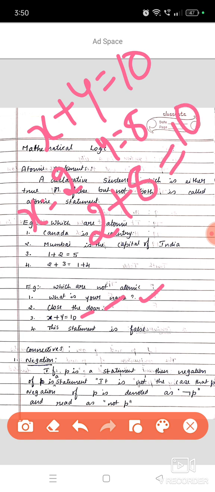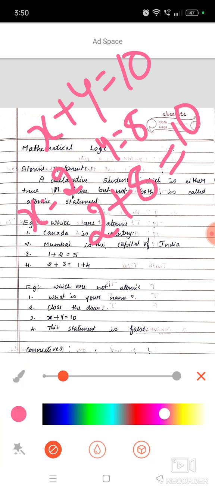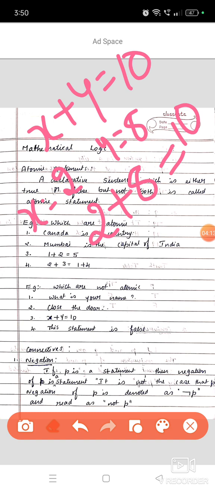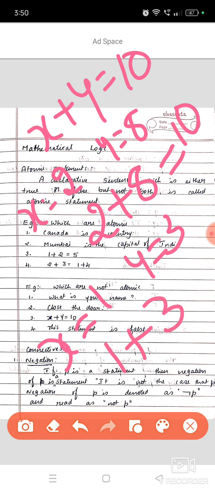If I take other numbers, for example x equals 1 and y equals 3, then 1 plus 3 is equal to 4, not 10. So the statement is false.